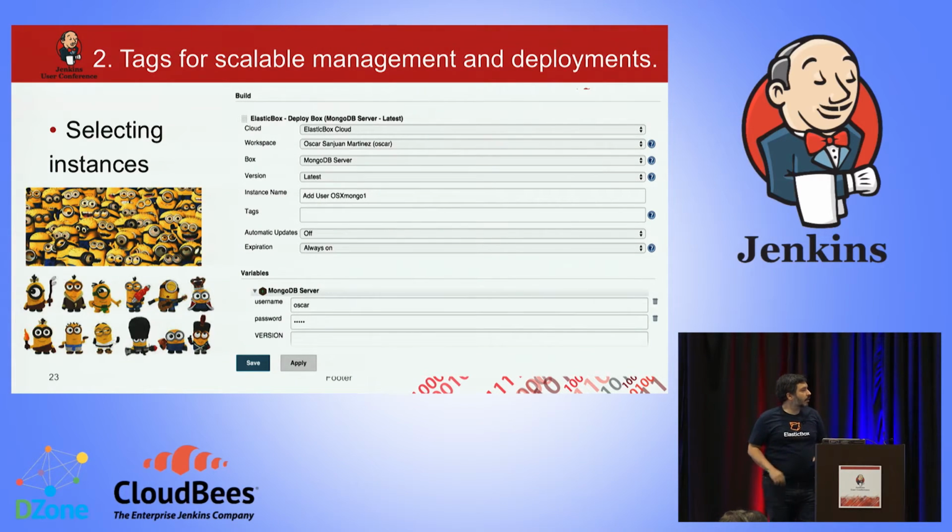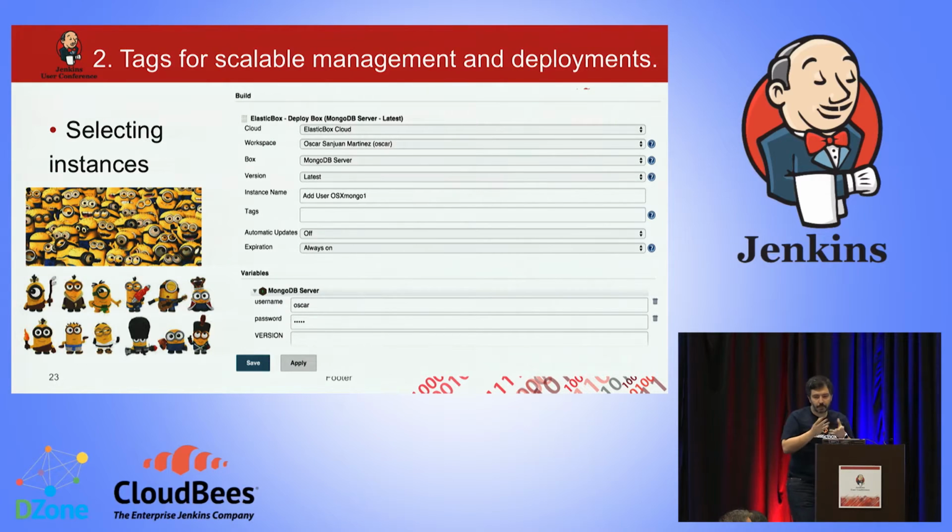And we can also work with the tags that I was telling you. In this case, what we are doing is deploying a new machine, a MongoDB server of a concrete version, and I can add some tags that will be injected automatically in that slave.